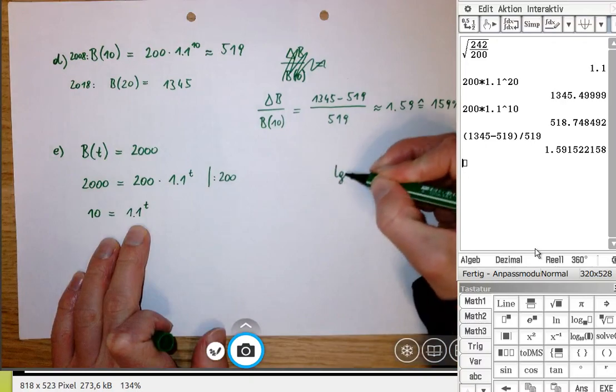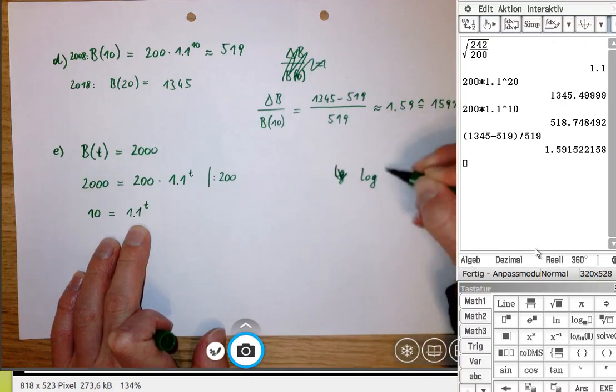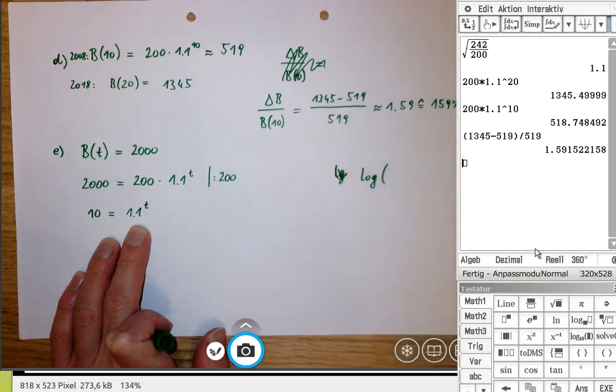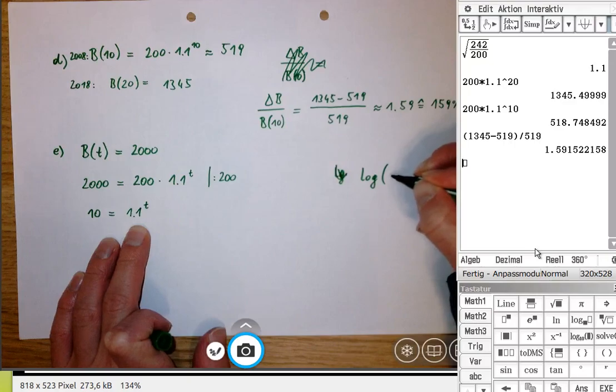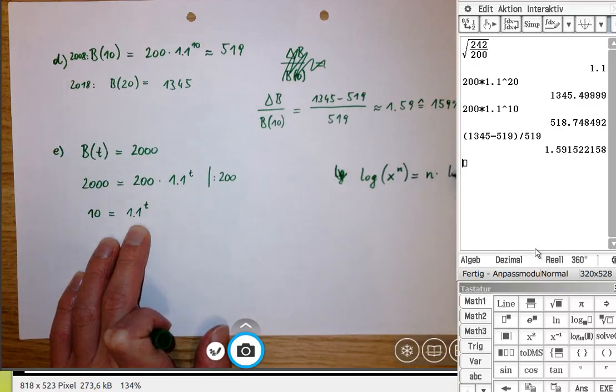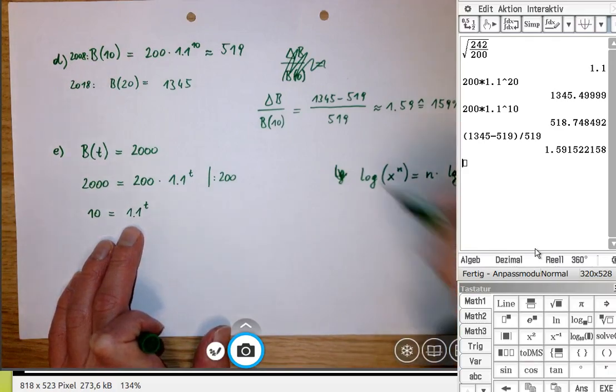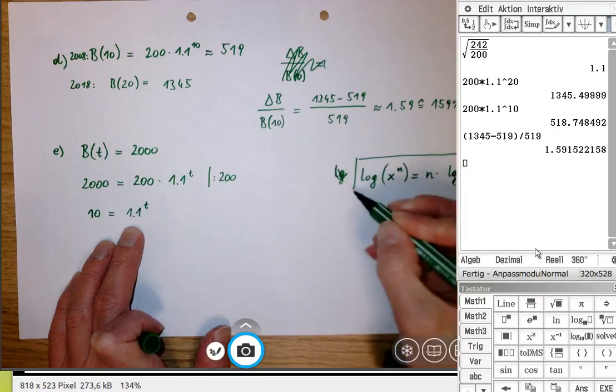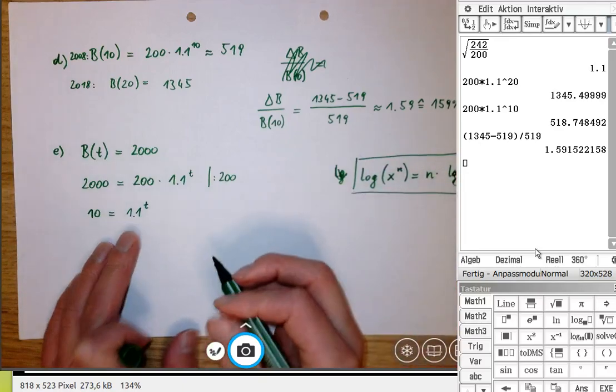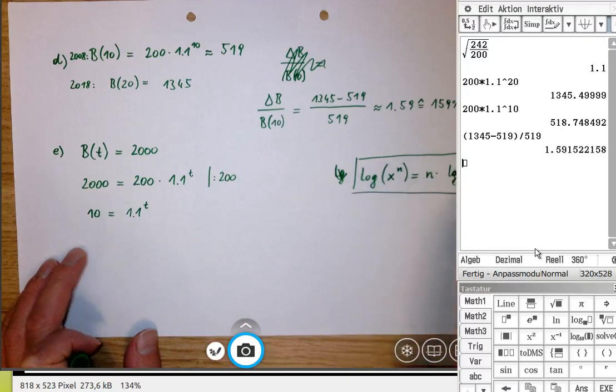The logarithm of, let's say, to use different letters, the logarithm of x to the power n will be equal to n times the logarithm of x. That was one of the rules that we used for logarithms. It will actually be the only rule of logarithms that we will have to use when solving equations. So you should memorize this rule.